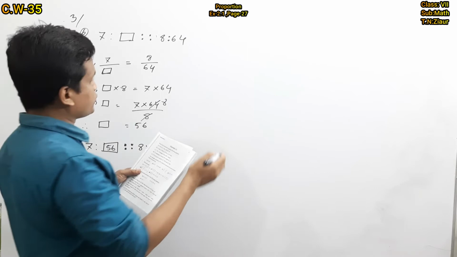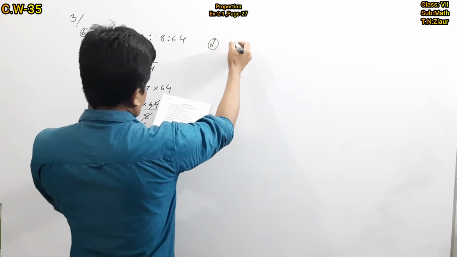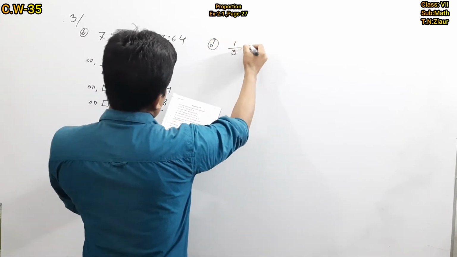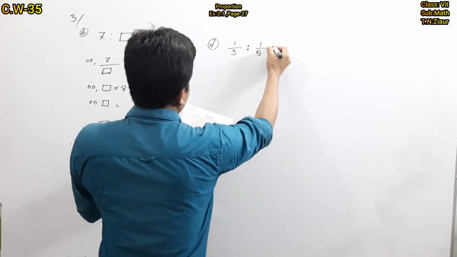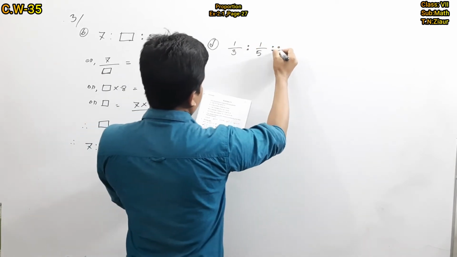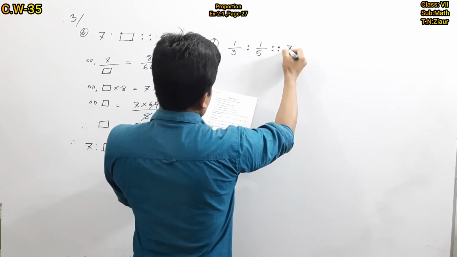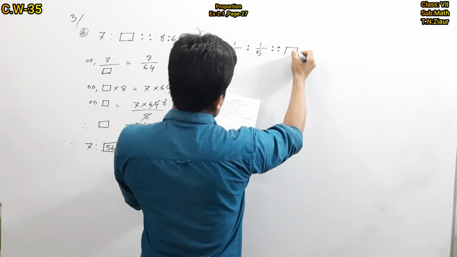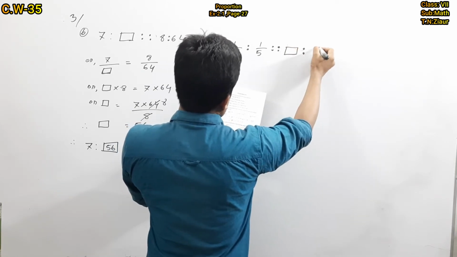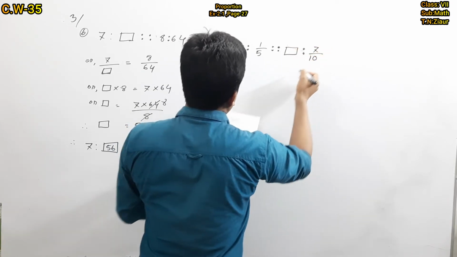So part D, students. If I solve part D: 1 by 3 is to 1 by 5 proportion, the gap is to, here given 7 by 10.